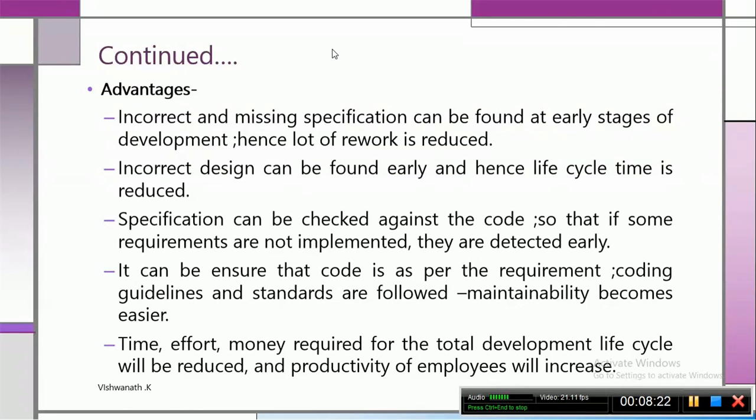Next, incorrect design can be found early, and hence the life cycle time is reduced. If you go through the manual review process at the early stage of development, at the designing phase, which is the second phase of the development life cycle.